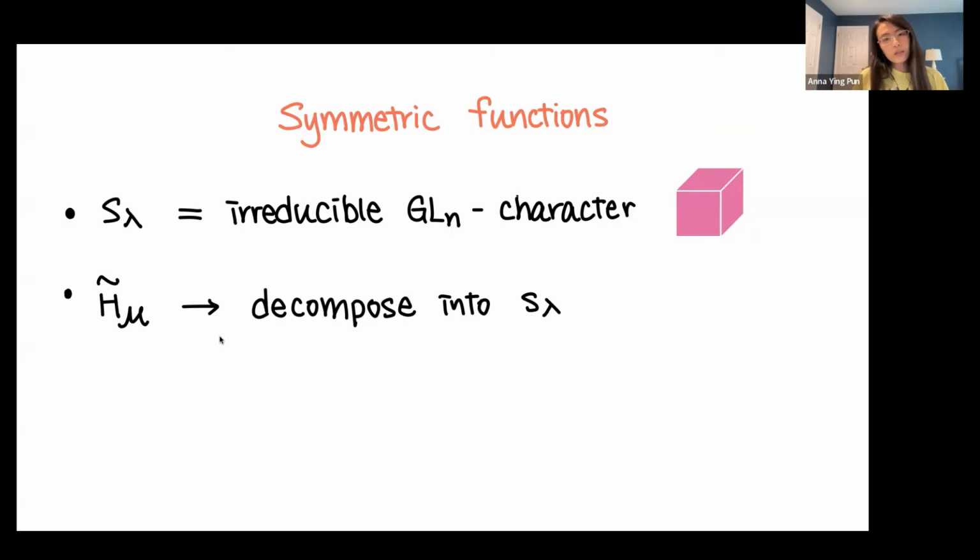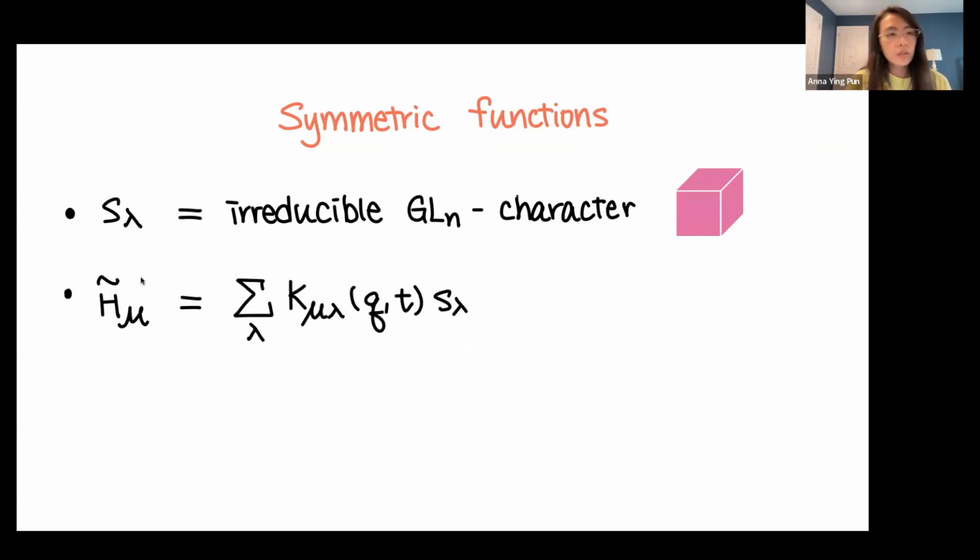And now, of course, by the same kind of idea, I have this modified Macdonald polynomial. Can I break it down into Schur functions, into smaller pieces? Well, we can always do that because Schur functions are a basis of the ring over Q. So you can always break things down and write them in terms of Schur functions. But now your coefficients are rational functions in Q and T, so maybe ugly things with fractions, I don't know.